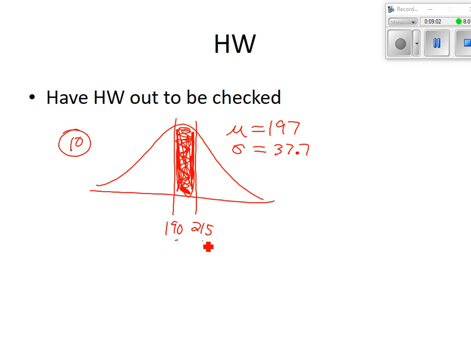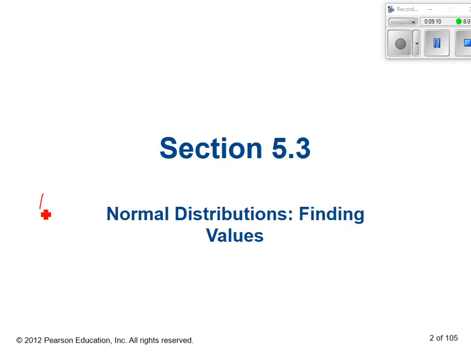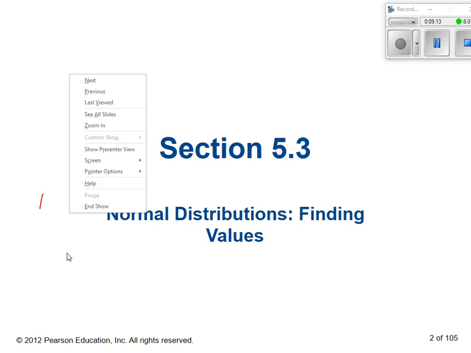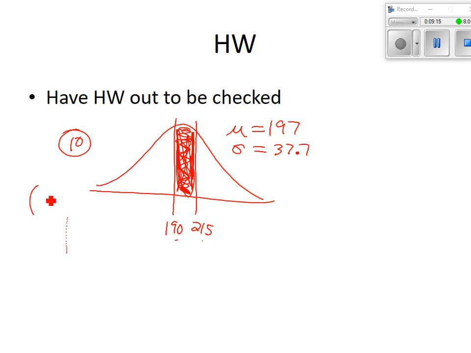If we just want to use the calculator, we hit second vars, go down to normal CDF. Put in the low limit, which is 190. High limit, which is 215. The mean, which is 197. Standard deviation, which is 37.7.